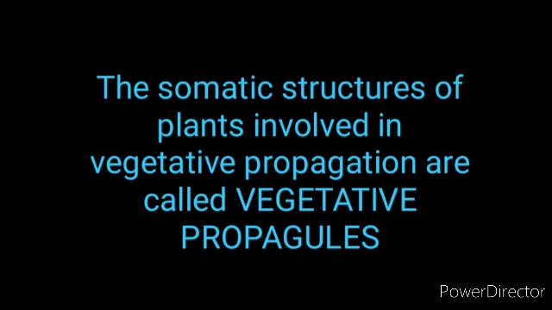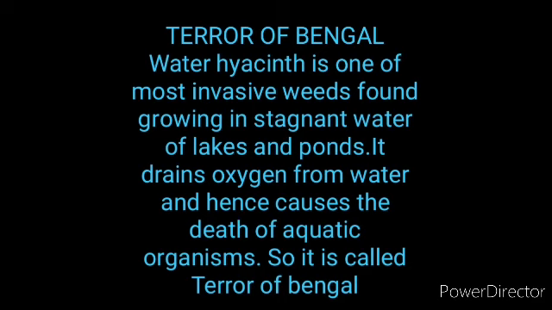Okay. Now, some examples we discussed in yesterday's class, the last class. Next we discussed the terror of Bengal. Name the plant called terror of Bengal. Water hyacinth is called terror of Bengal. Why is it called that? This plant reached West Bengal.